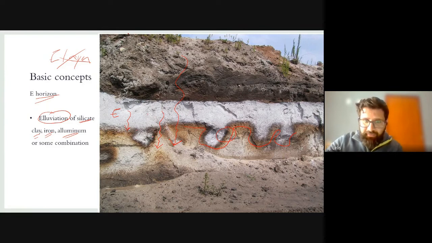To get this dark color, clay should move from the E horizon to another horizon that is called B. Okay, so this dark horizon here, here, and all these places is just a B horizon.